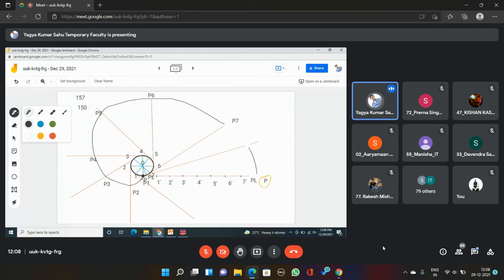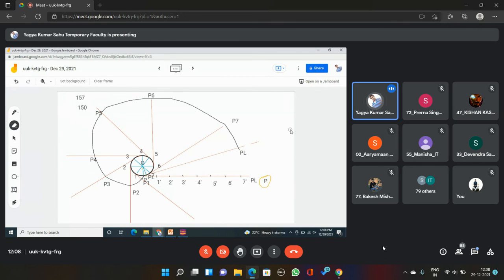Now taking PL as a center, with radius P to PL, draw the remaining portion of the curve like this. And this is the end point PL. Easy? So, done.